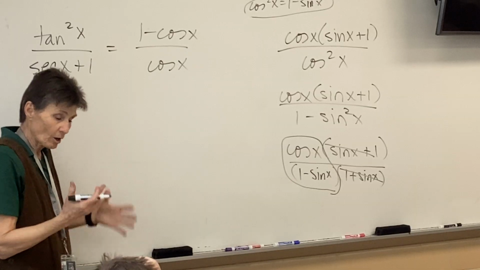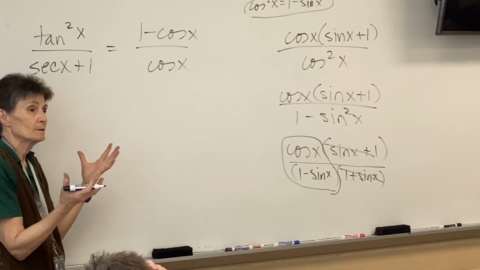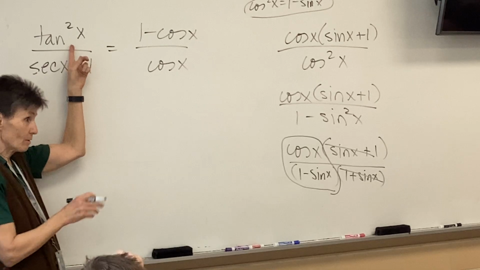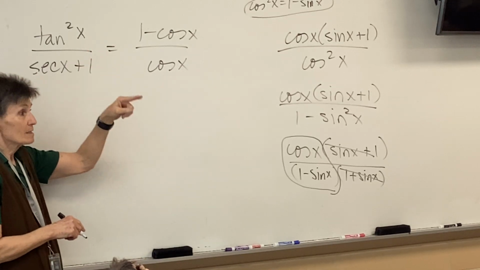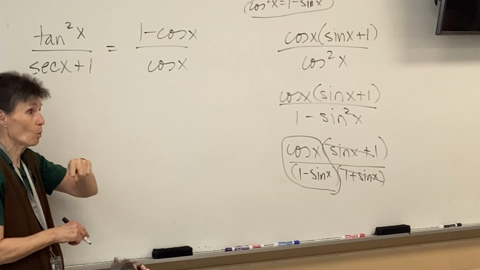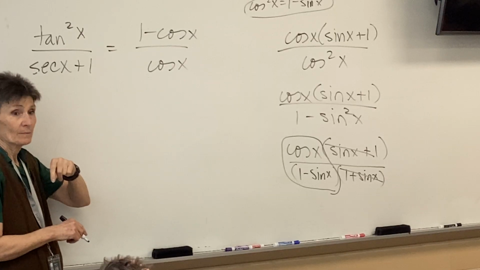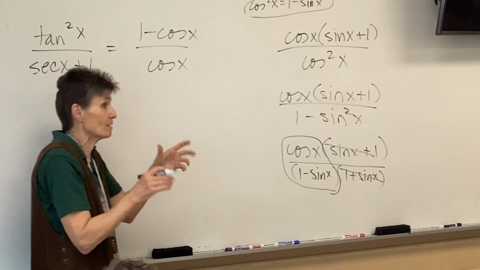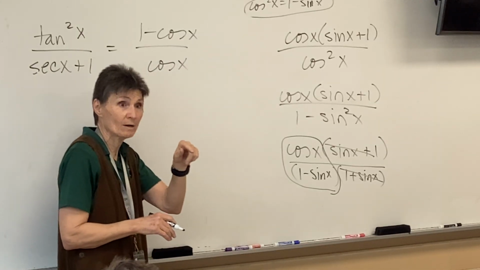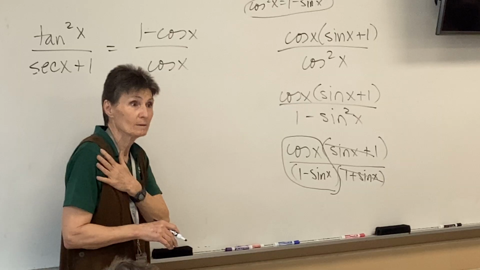Okay, so let's look at our reference sheet. Now that is squared. What is tangent squared? Secant squared minus 1? So you can add that to your sheet. You have one written there that says 1 plus tangent squared is secant squared.